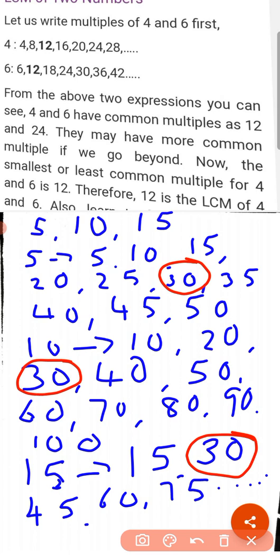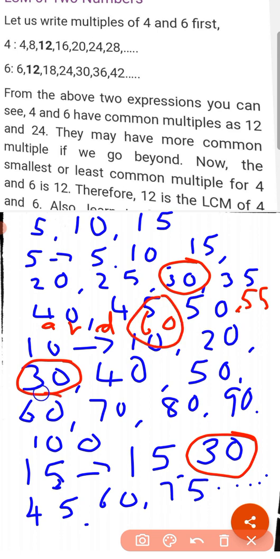See, if we go beyond for the multiples of 5, after 50 we will get 55, 60. So we can take 60 also as a common multiple.